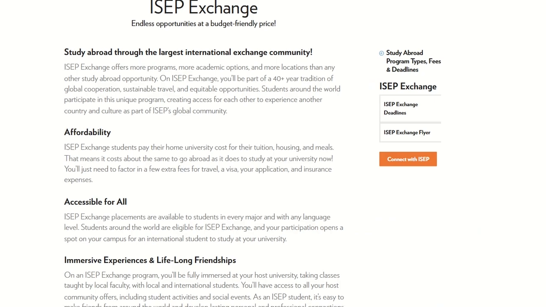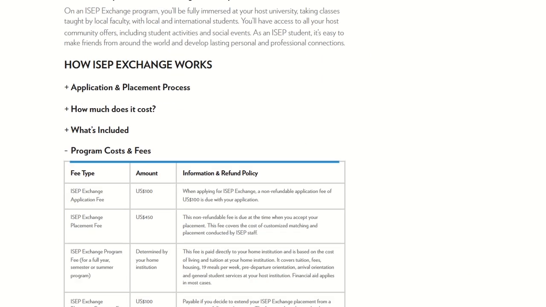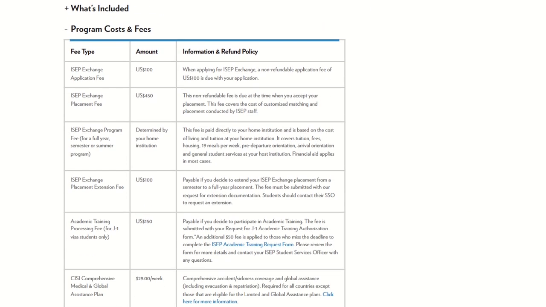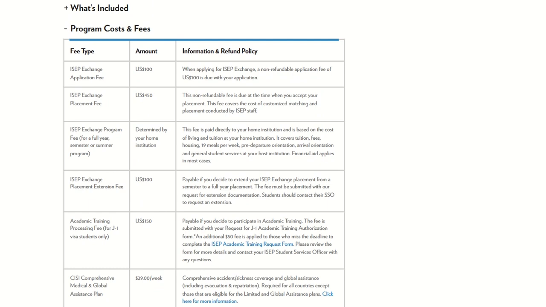ISEP Exchange programs allow you to participate in the world's largest student exchange network and attend one of more than 300 member institutions from across the world. On ISEP Exchange, you pay tuition, housing, and meal fees to your home institution. You will then receive equivalent tuition, housing, and meal benefits at your host university abroad.